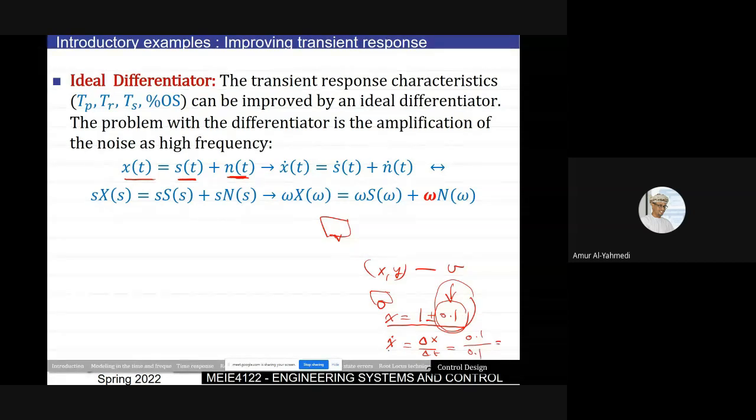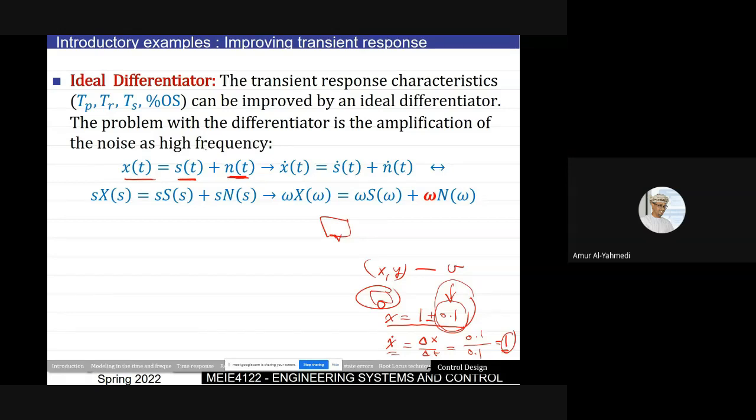What will be the velocity x dot? 0.1 over 0.1 will be 1. So although the robot did not move, what is changing is the noise in the position. If you compute the velocity by differentiation, you will get that the velocity is 1 meter per second even though the robot did not move. This is only the noise being amplified.